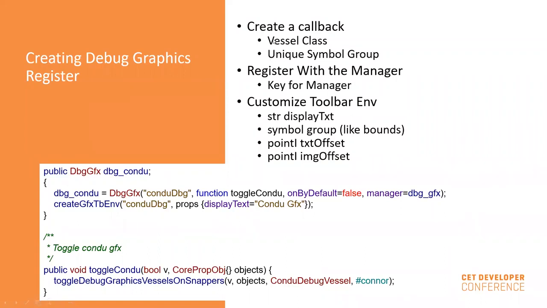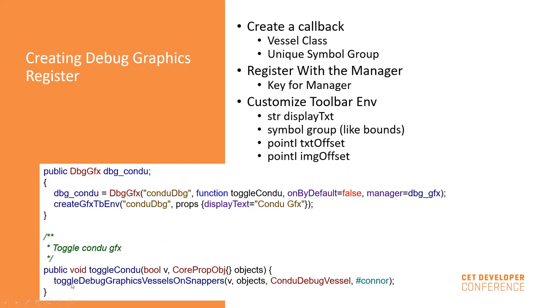So you're going to need a vessel class, which I have at the bottom here is condu debug vessel, the object I just created, and then a unique symbol group. That way the manager knows how to clean up, get rid of, and destroy these vessels when that item is turned on and off. My unique symbol group is just pound Connor. I'm very creative with all my names, as you can see, condu, Connor.